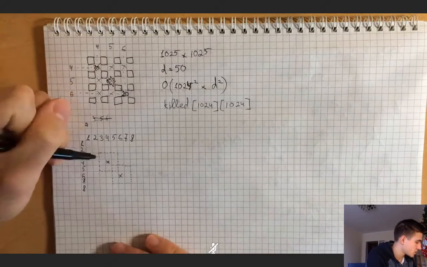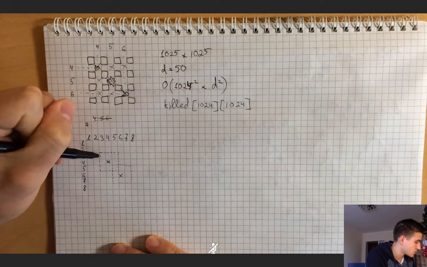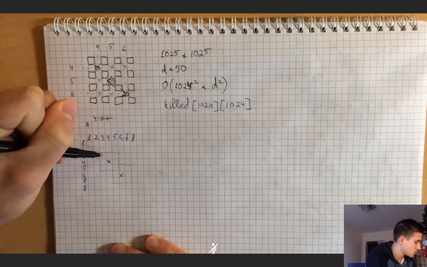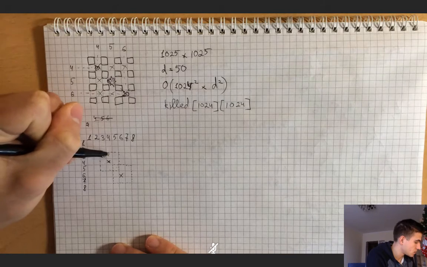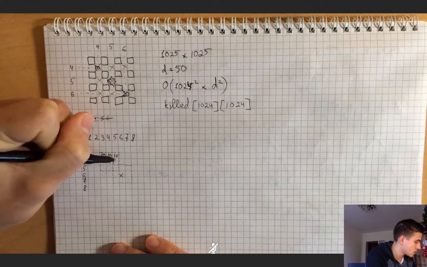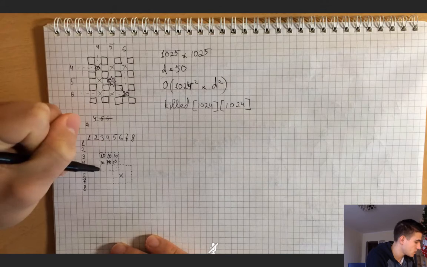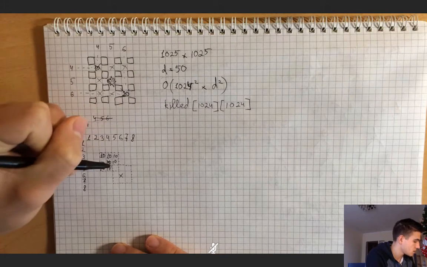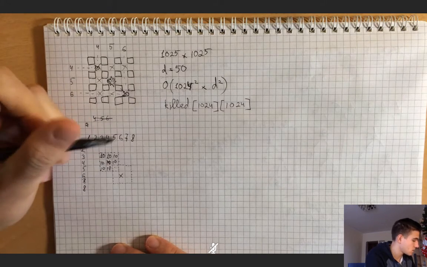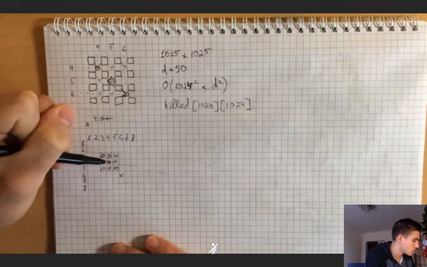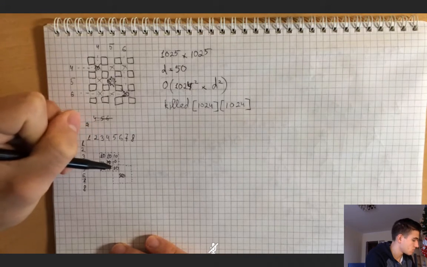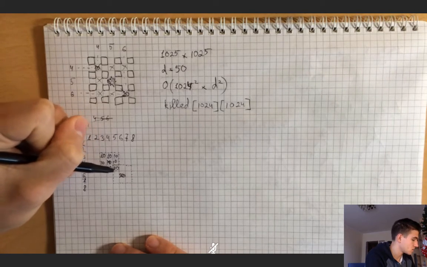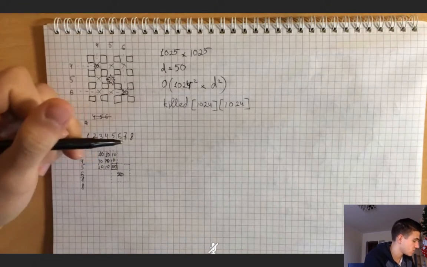So our result would be, if we process this cell, 10, 10, 10, 10, 10, 10, 10, 10, and here we will have 30, because this is the intersection of two red populations.